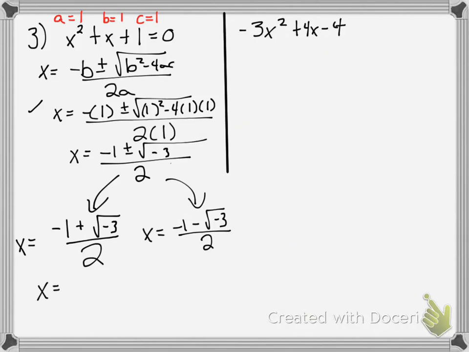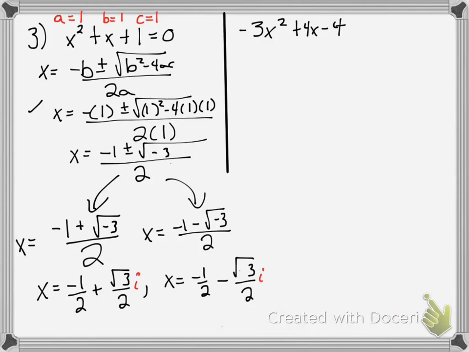So I'm going to start with negative 1 over 2 plus the square root of negative 3 over 2. Negative 1 over 2 minus the square root of negative 3 over 2. Now some of you might remember that whenever we square root a negative, we don't want to do that. And so I'm going to erase those negatives, and instead I need to put a letter i.